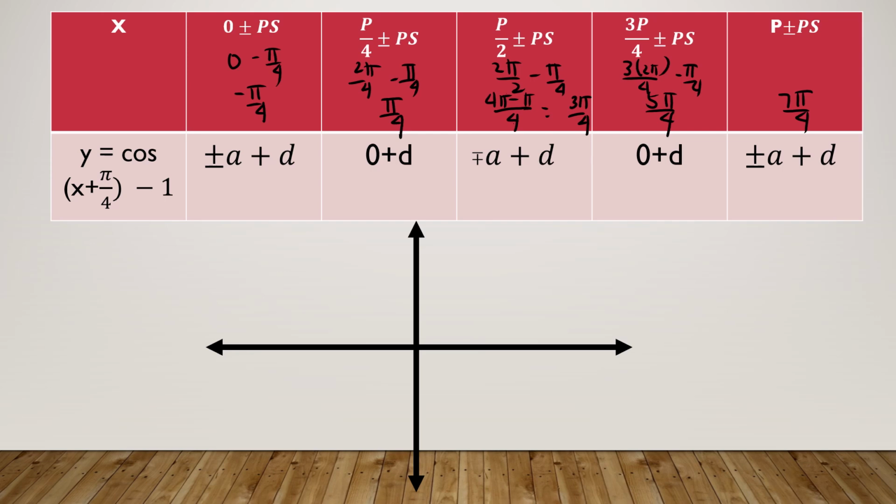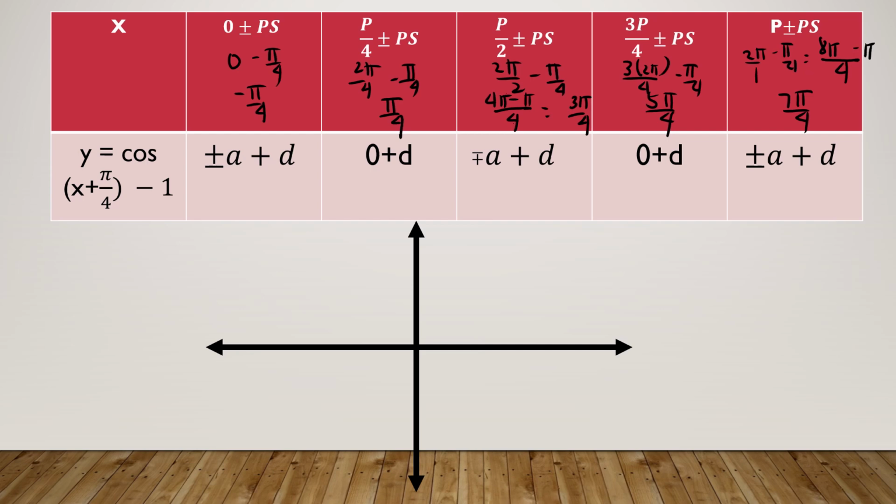For this one, we have 2 pi minus pi over 4. Our LCD is equal to 4. 4 divided by 1 times 2 is equal to 8 pi. 4 divided by 4 times negative pi is negative pi. 8 pi minus pi is 7 pi over 4. So it's up to you if you want to make sure that your answer is correct with this one, or you will just simply use the pattern.